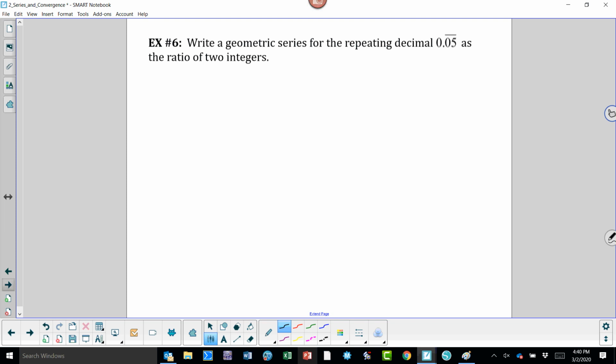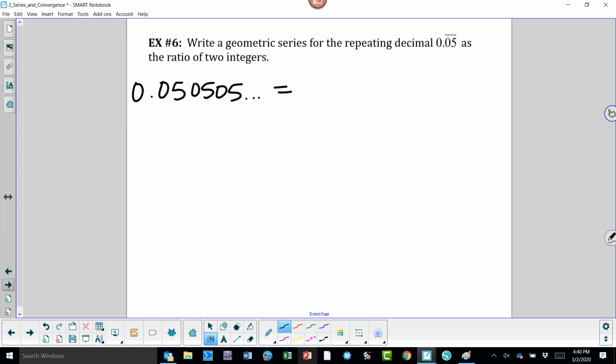All right, so we're going to use this to write a geometric series that represents 0.05 repeating as the ratio of two integers. So 0.05 repeating would be 0.050505 and so on.